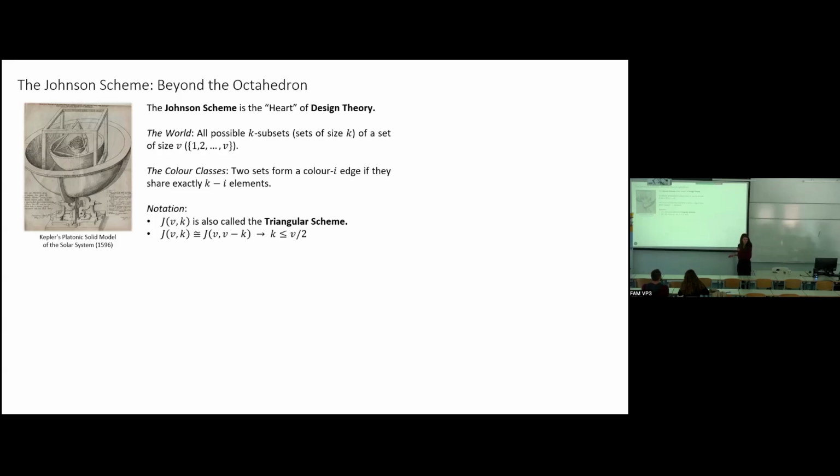We expect that to be equivalent, but this is just a hint to say it works. This is just an excuse to say that in our theory we assume this. We don't need to consider all possible k, just this relation, to avoid getting the same graph at the end. And v choose k is the size of our world, and the colors depend on the intersection, not the size of the subsets.